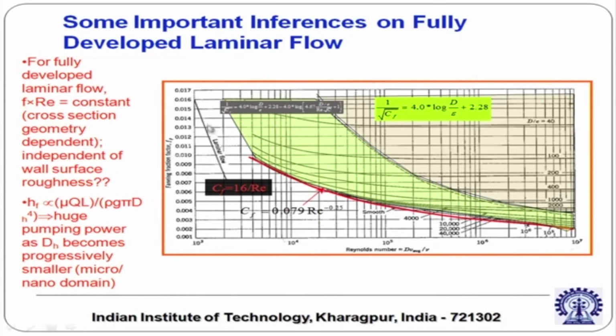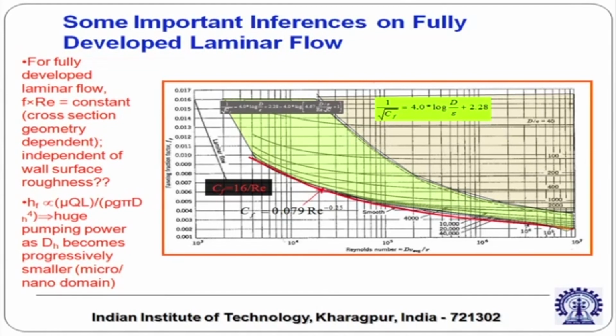Okay. So, this is the regime in which we are operating, and you can see that here the friction factor appears to be independent of the surface roughness. As you go to the high Reynolds number regime, you can see that for different values of the relative roughness you are getting different values of the friction factor.